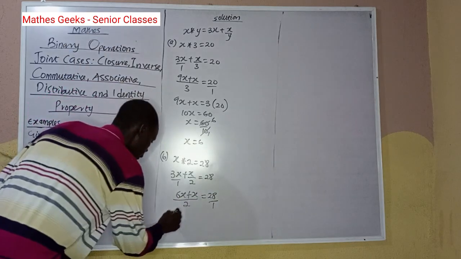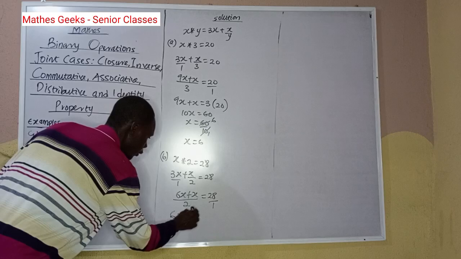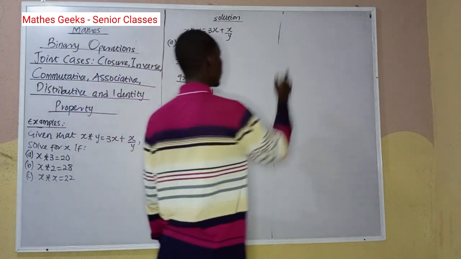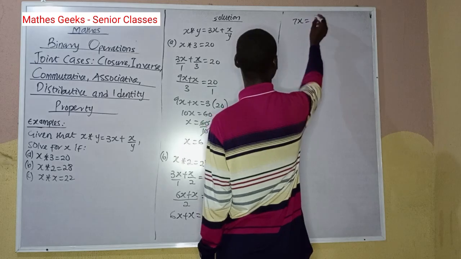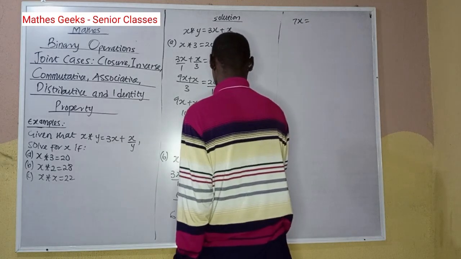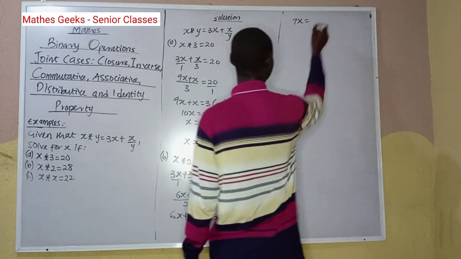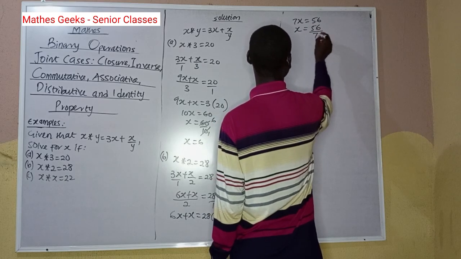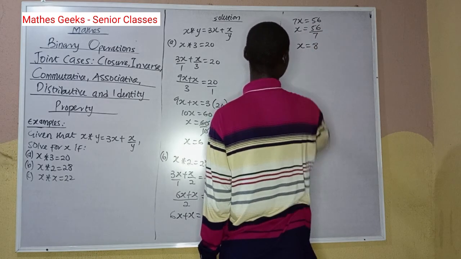And you cross multiply, you have 6x plus x equal to 28 times 2. So 7x equals 56. X equals 56 over 7. And x equals 8.